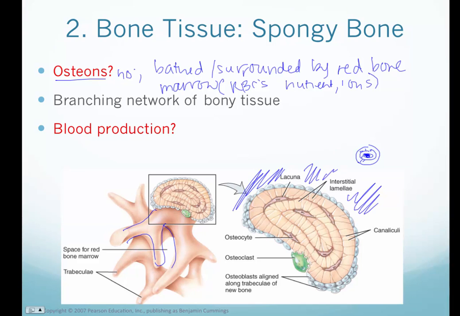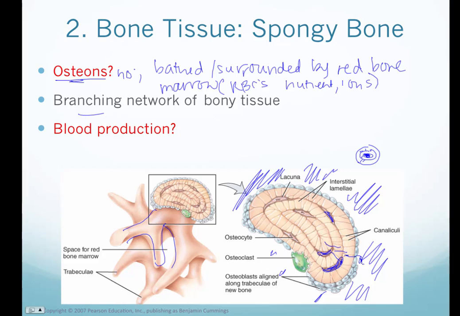This is all of that red bone marrow filled with nutrients and oxygen. All we have is simple diffusion coming from the outside going in through the canaliculi, connecting all of these osteocytes found in here. So we can then give all these nutrients to all of these osteocytes. Okay, so because of that direct blood source, direct nutrient source, we do not have any osteons.